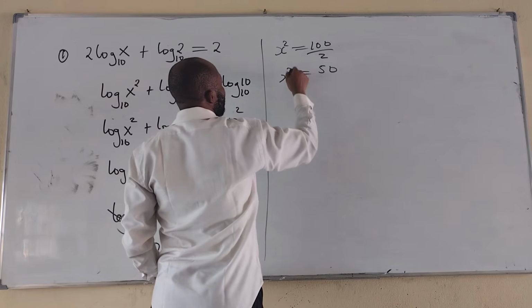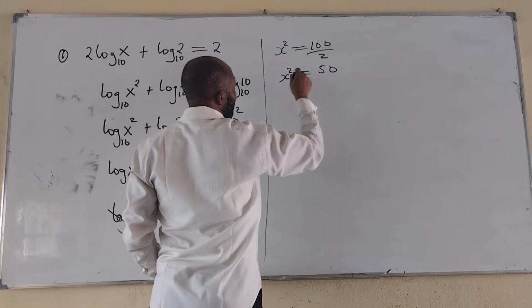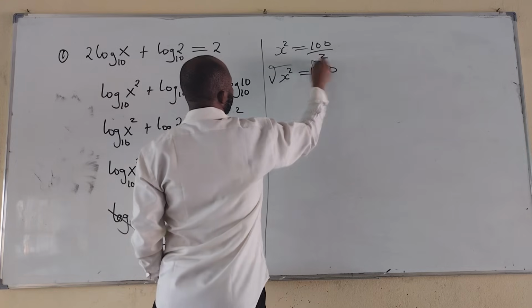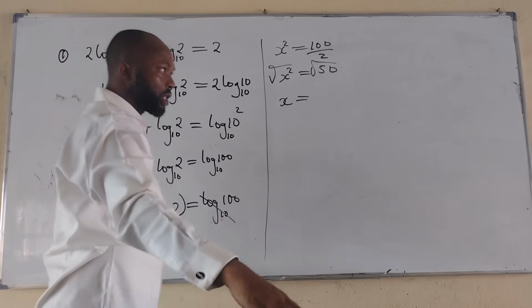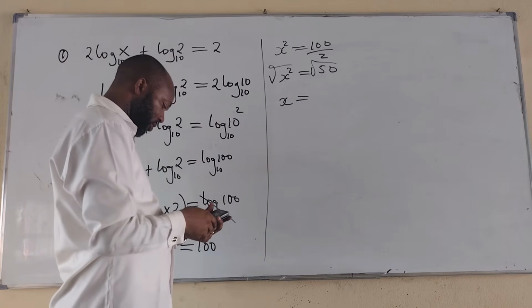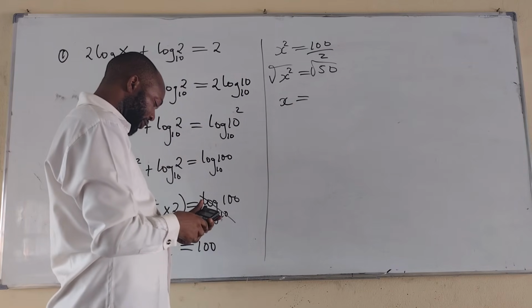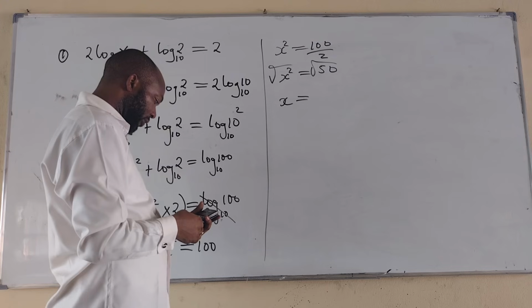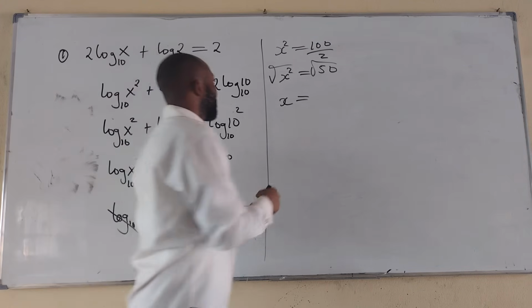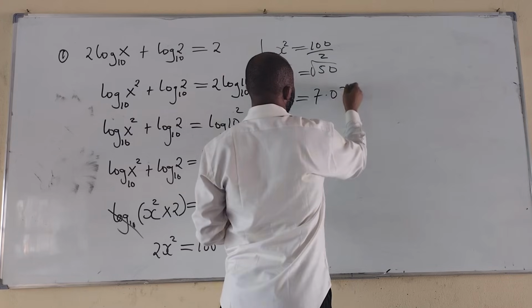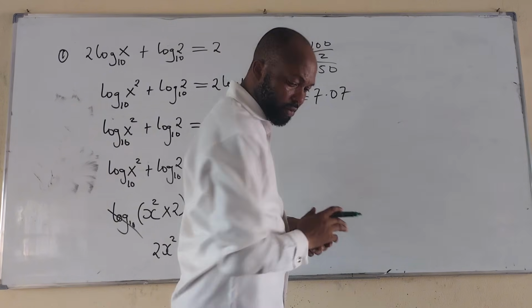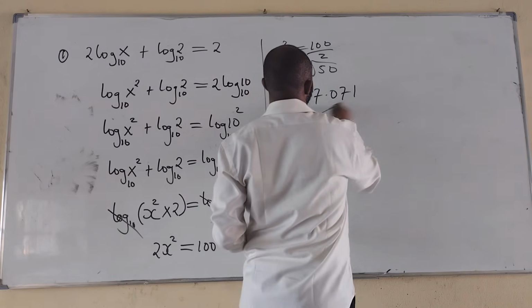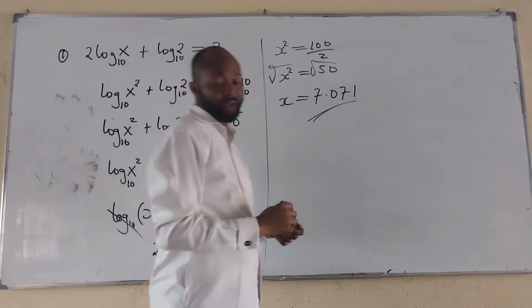Now, to remove the square, I take the square root of both sides. So x is equal to the root of 50, which is not a perfect square. The root of 50 is 7.07. So this becomes our answer.